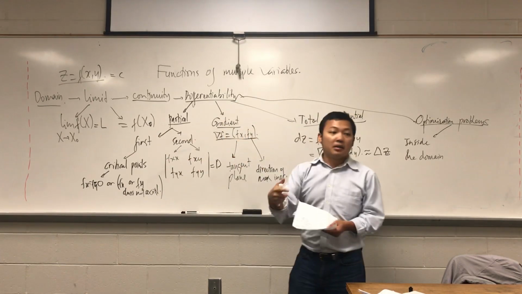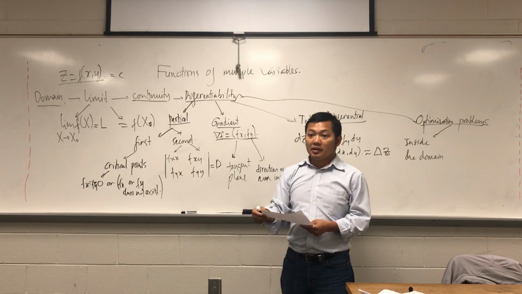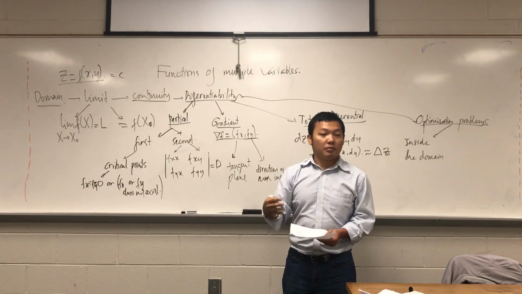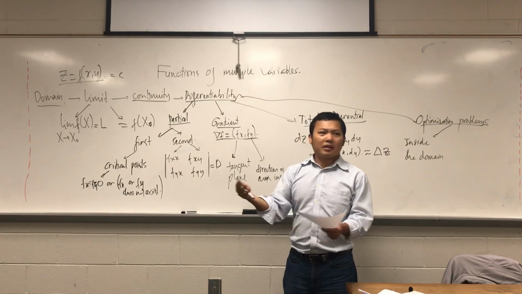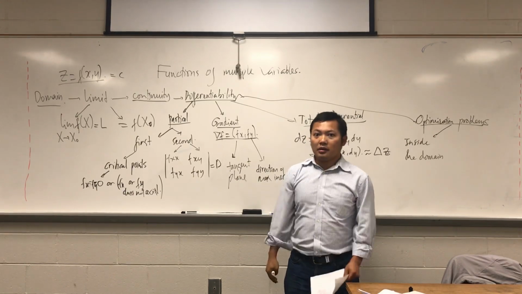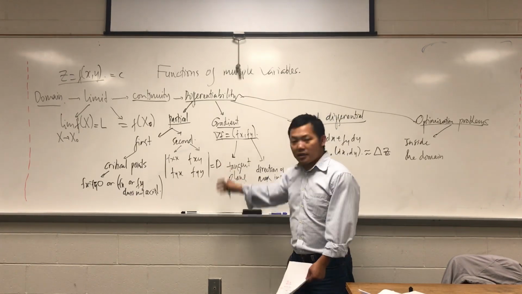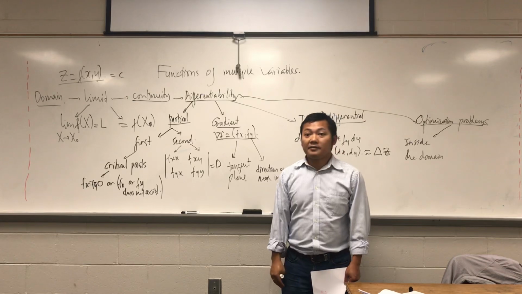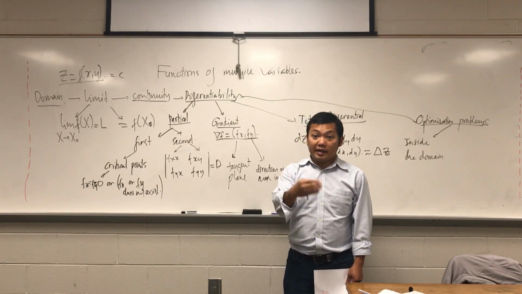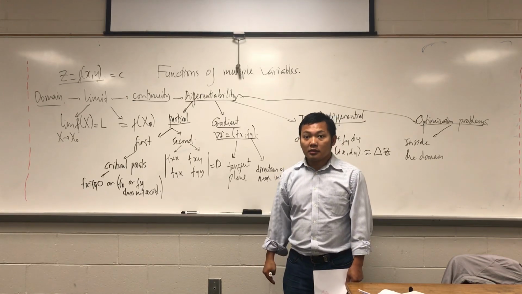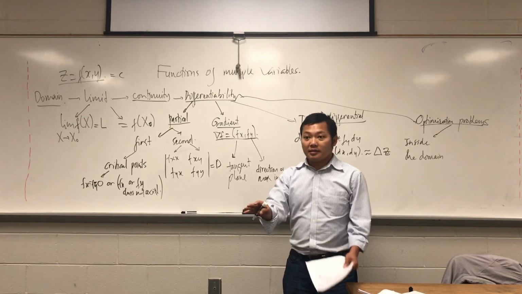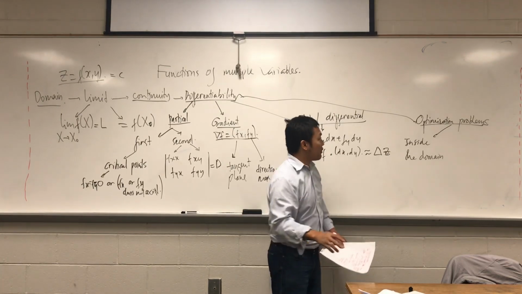You have to find the first partial derivative, and then find all critical points, like in calculus 1, right? Then you might use the second derivative test to test if that is an extremum. Do you remember that? All those things are similar to calculus 1.